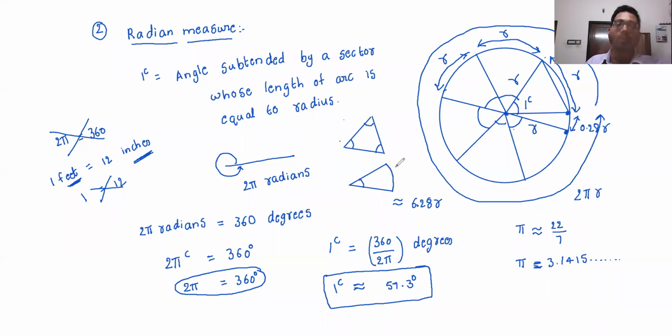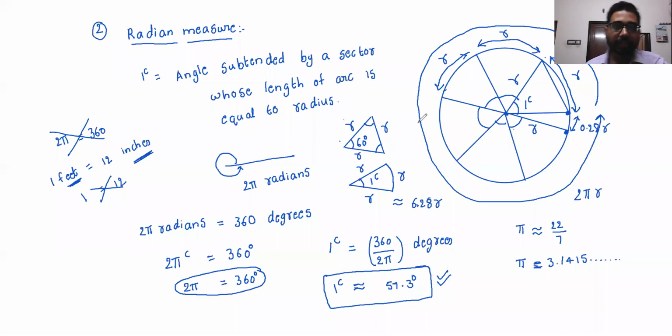Since this was 60 degrees, it will be slightly lesser, and we know that it is actually 57.3 degrees. This is r, r, r, here also r, r, r. So this is 57.3 degrees, that is 1 radian.